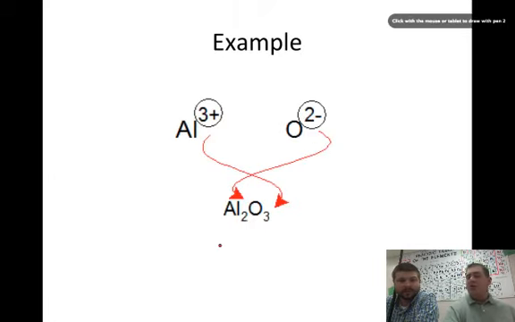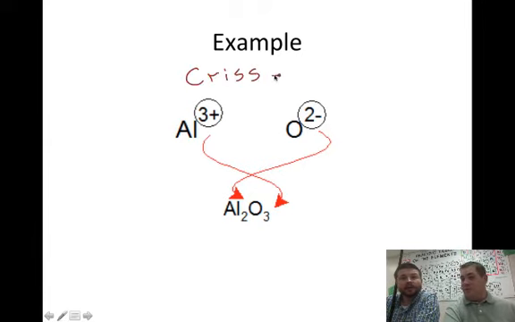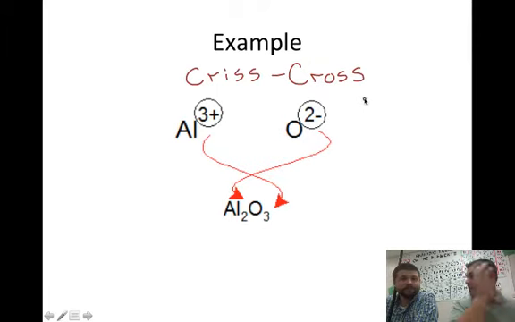Here's an easy way to figure these out if they get tougher. In this case, aluminum is in the column labeled +3 and oxygen is in the column labeled -2. You could spend time doing the math, but we've got the crisscross method.